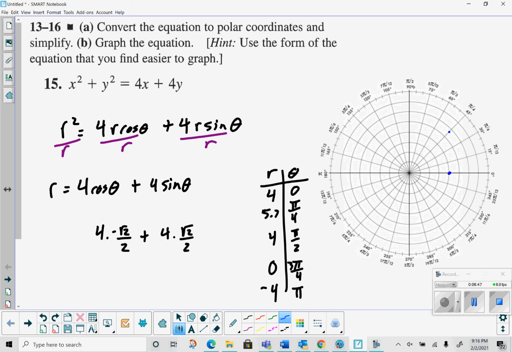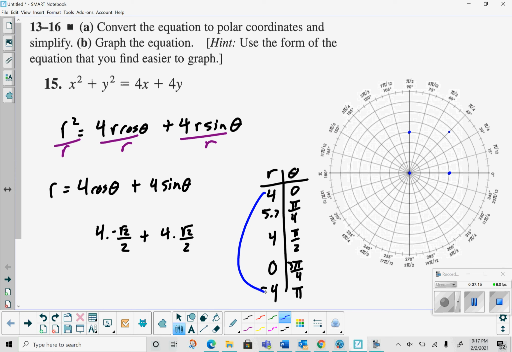When my angle is pi over 2, I need a radius of 1, 2, 3, 4. For 3 pi over 4, my radius is 0. And for pi, my radius is -4. Well, that's the same exact point here. Okay, I didn't do too bad there.